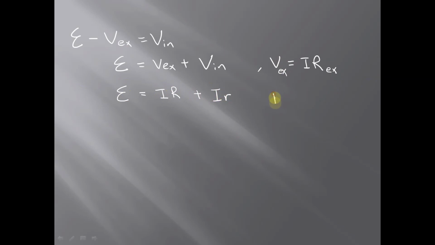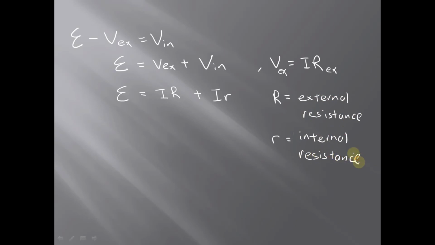What does that mean? The capital R we call the external resistance, rintangan luar. Small r is called the internal resistance, rintangan dalam, bermakna apa yang berlaku di dalam bateri.